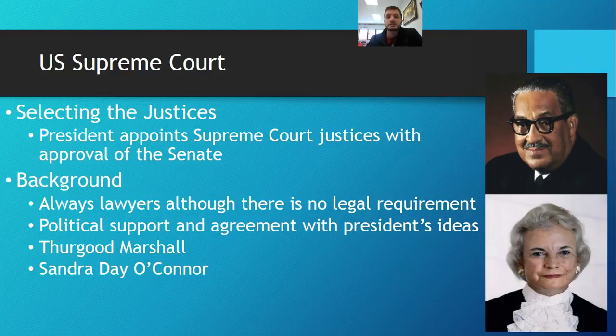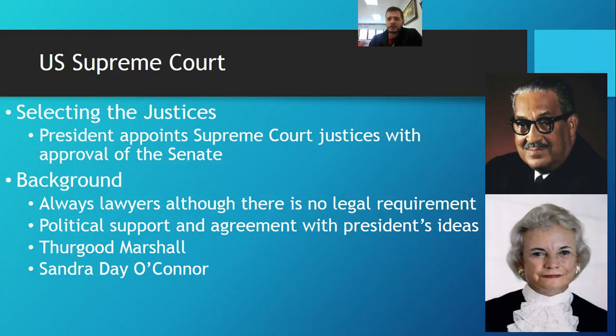Those 2 justices are probably going to agree with Obamacare and what Obama has set forth in his health care plan. He wouldn't want to approve a justice for the Supreme Court without making sure that they were going to agree with his ideas. Again, he doesn't want his ideas to get repealed as soon as he leaves office, even though that is what it looks like the Republicans are going to try to do.